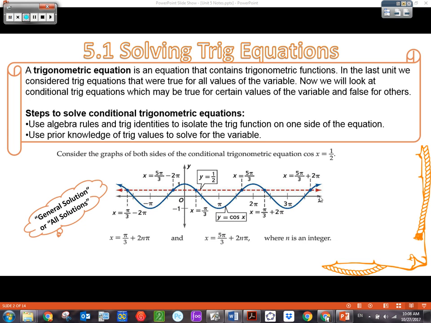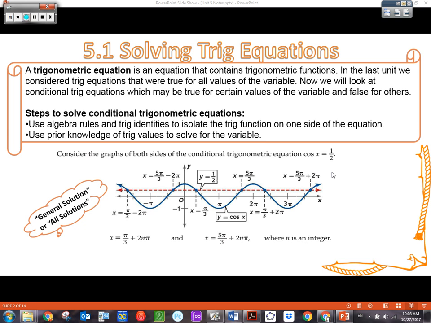All x values don't work, just these particular ones where they're intersected, and we wrote a general solution for that, right? So at pi over 3 plus 2 pi n and 5 pi over 3 plus 2 pi n. That's an example of a conditional equation. It only works for specific values of x, and that's what we'll be working on in this unit.